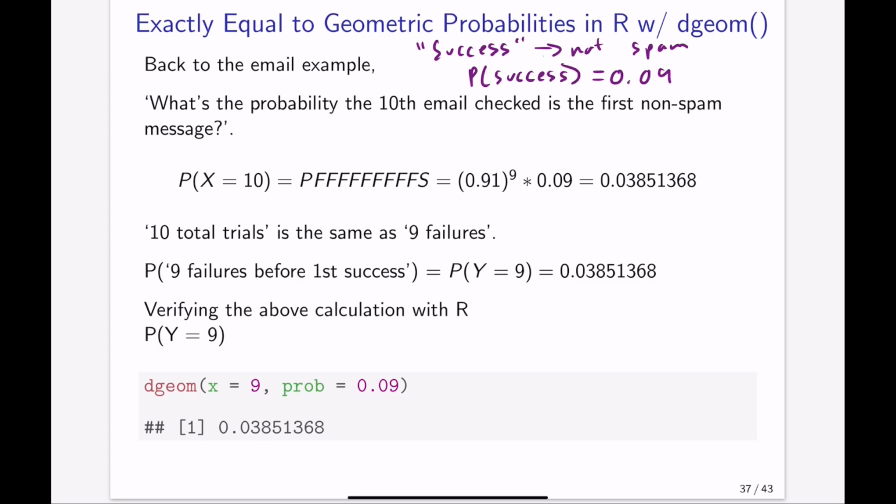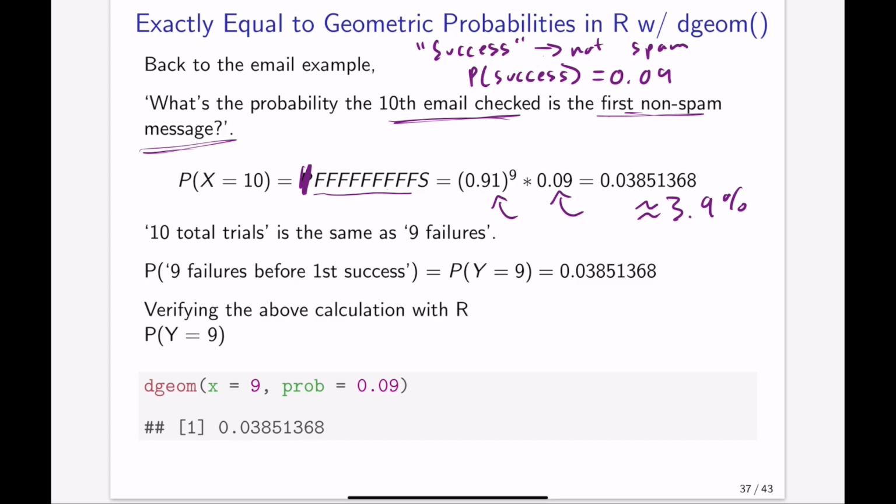So if we want to know the probability that the 10th email is the first non-spam, that's the probability of seeing 9 failures and then a success. So it's the probability of failure to the 9th times the probability of a success, which gives us about 3.9%.